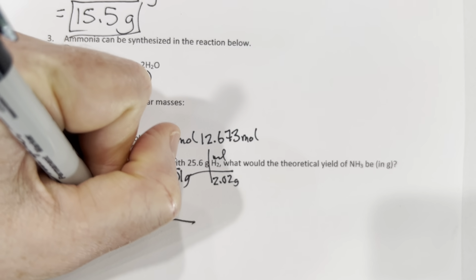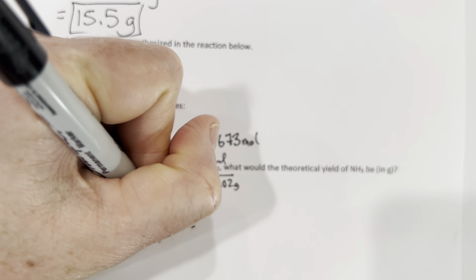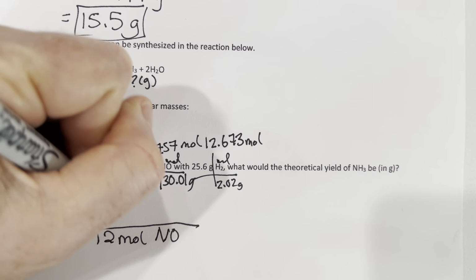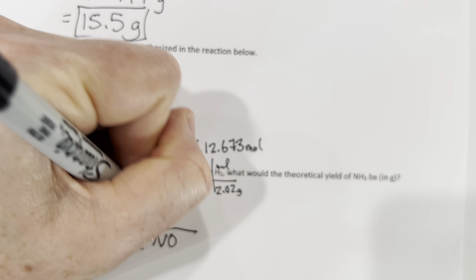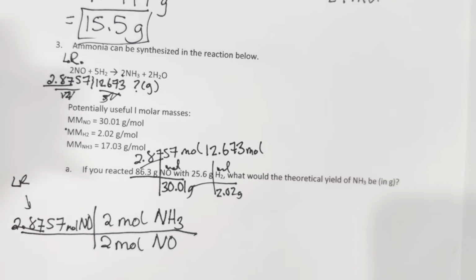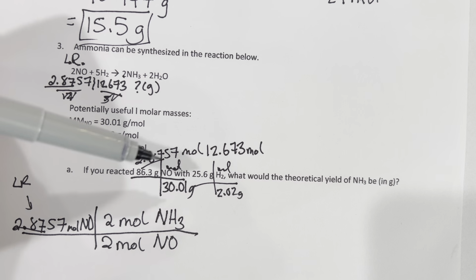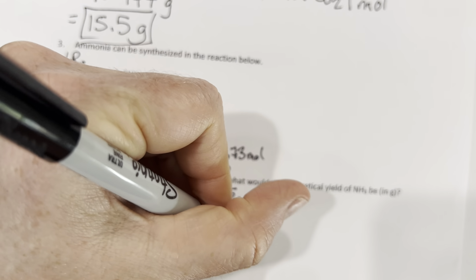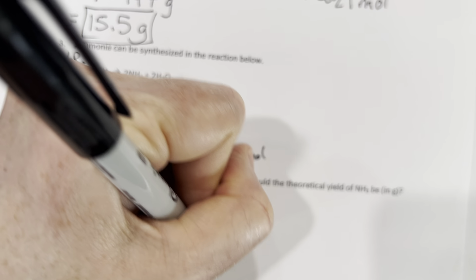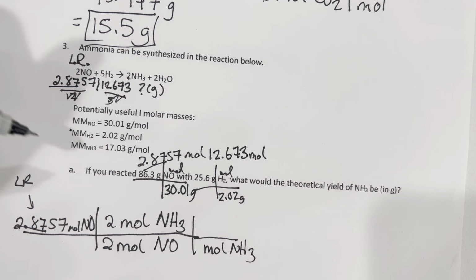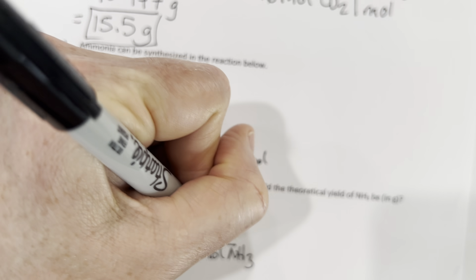So for every 2 mole of NO, we get 2 mole of NH3, which is where the question mark was. Now we would be done, but again, it asked for it in grams. So just like we did in the previous question, you simply multiply it by the molar mass. We do that because we know a mole of NH3 has a mass of 17.03 grams.